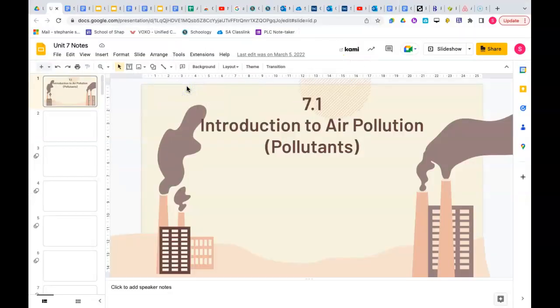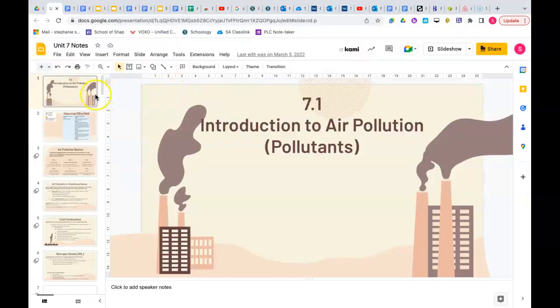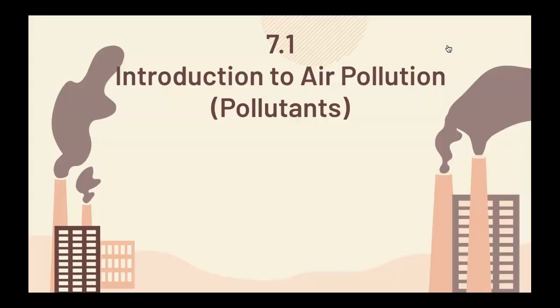All right, guys, here we go. Unit 7, which is air pollution. We need to make sure that whenever we talk about air pollution, we're actually not using the word air pollution, but we're using the word air pollutants, and that you're very specific about the particular pollutant that you're talking about.